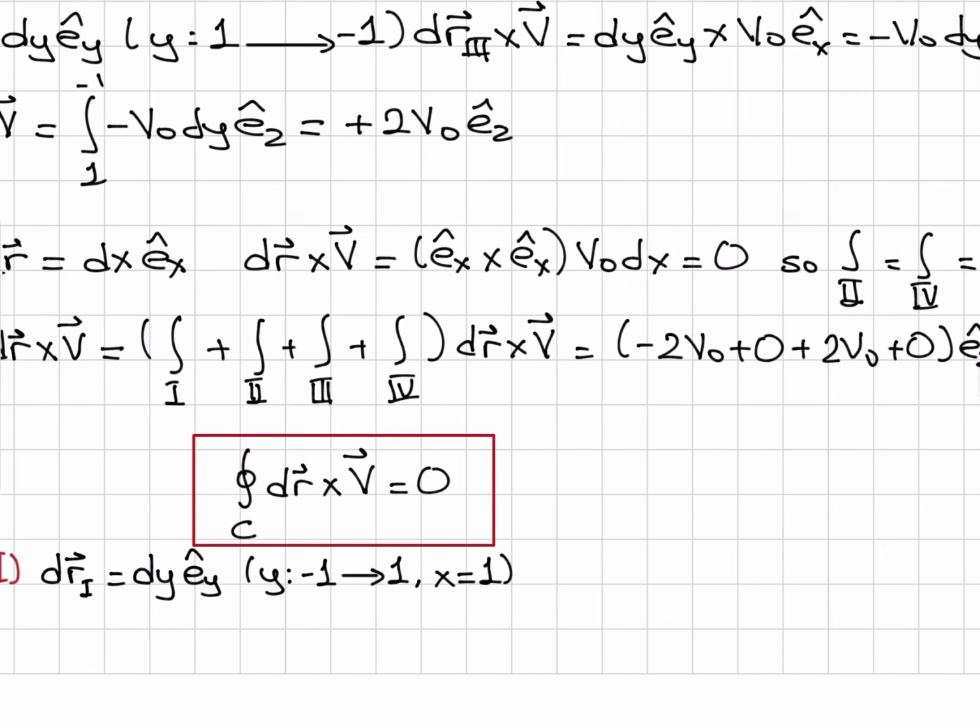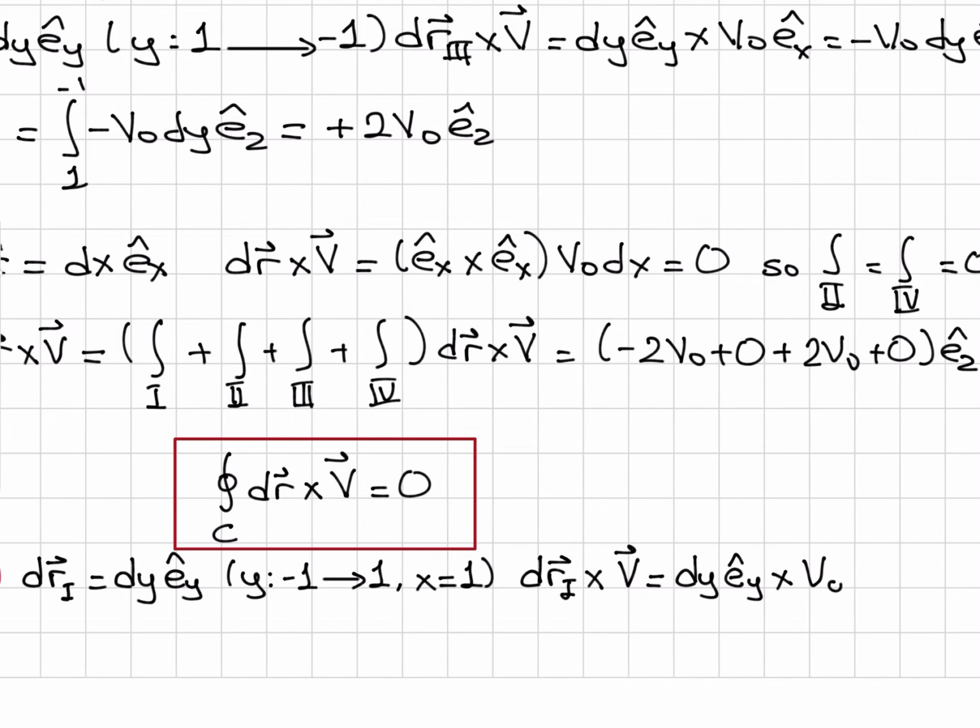And therefore we have dr1 cross product with our vector v equal to dy ey hat cross product with our vector v, which is v0 ez hat this time.